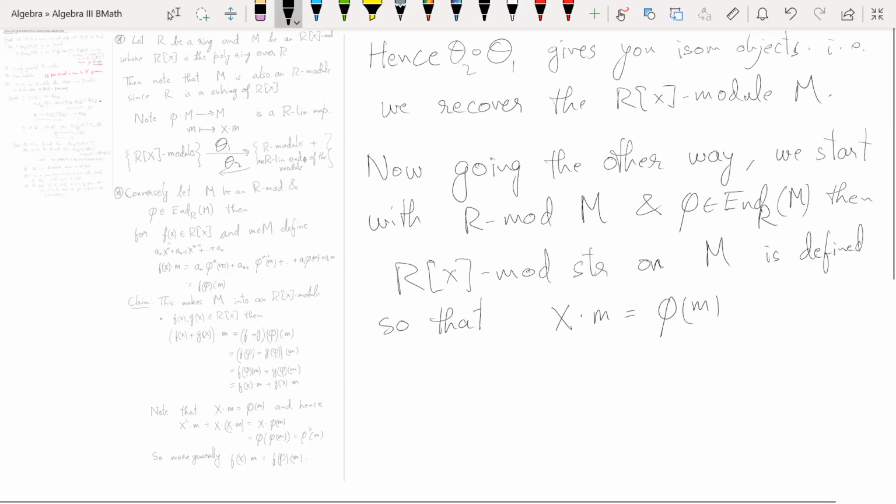That is how the R[x]-module structure works. So f(x) dot m is f(phi) of m, and if f(x) is x, then x dot m is phi of m.